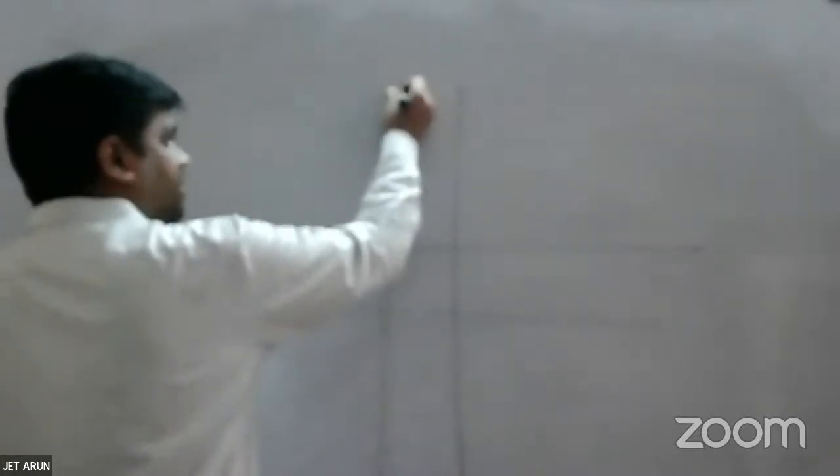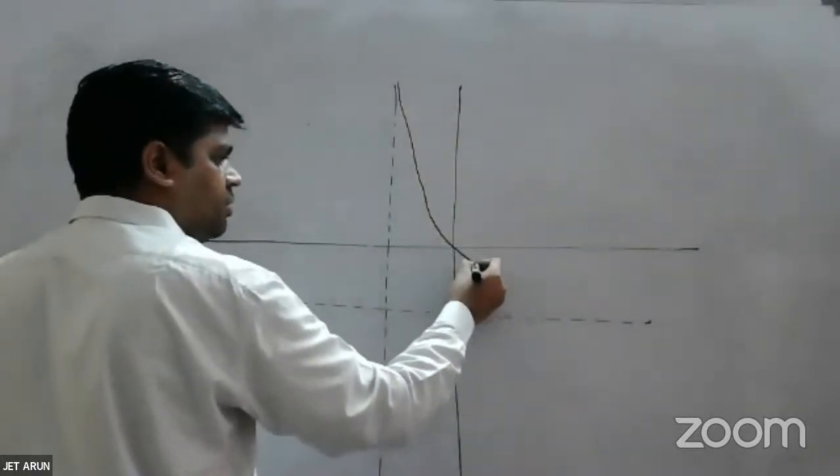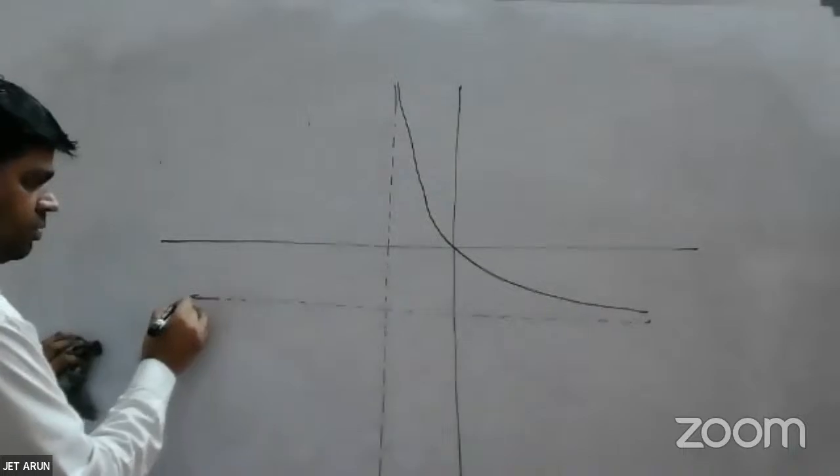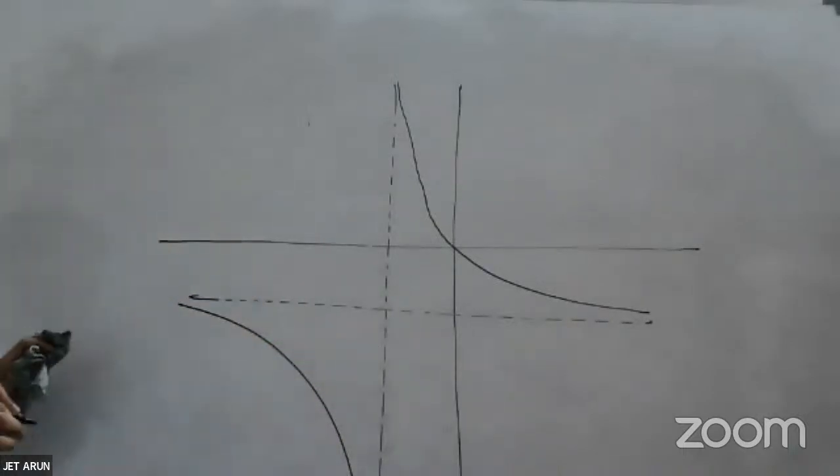So it is passing through origin like this. Right? This is my curve.